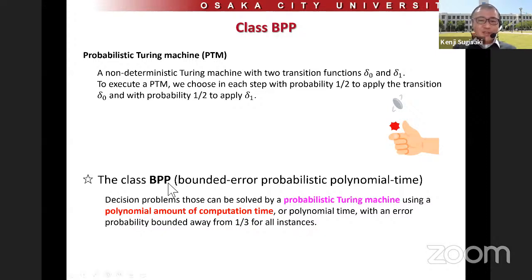BPP means bounded-error probabilistic polynomial time. So this bounded error comes from the error probability bounded away from 1/3. And of course, the probabilistic part comes from the PTM. And polynomial time comes from this polynomial amount of computation time.